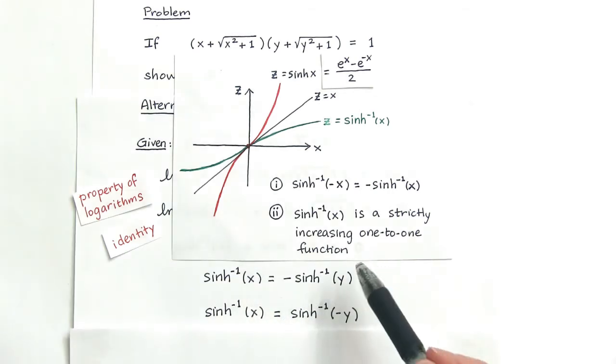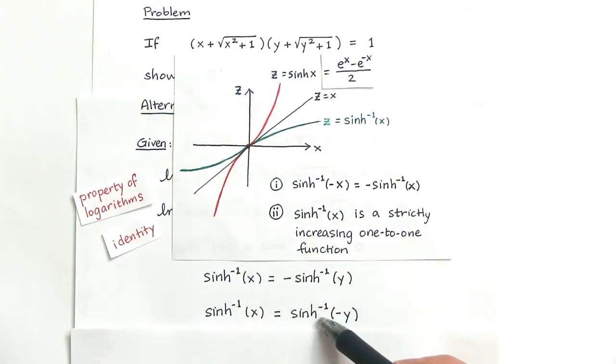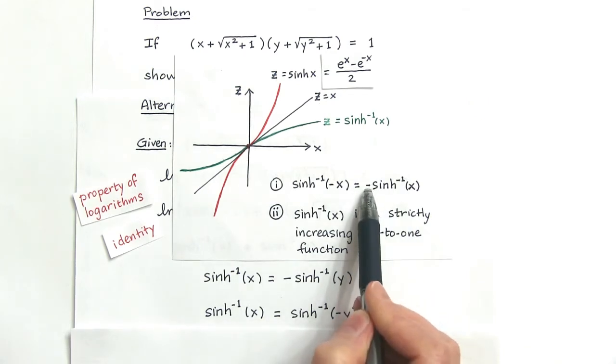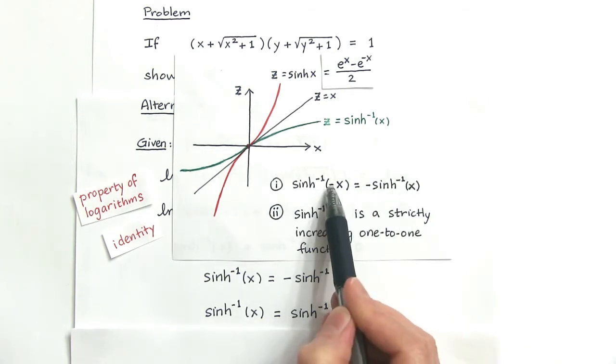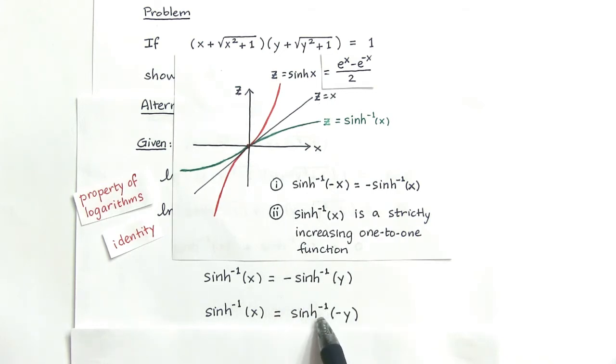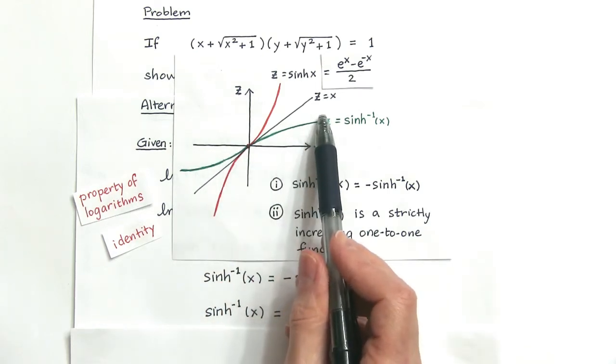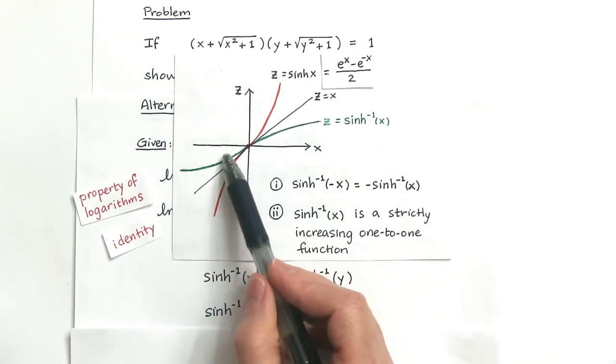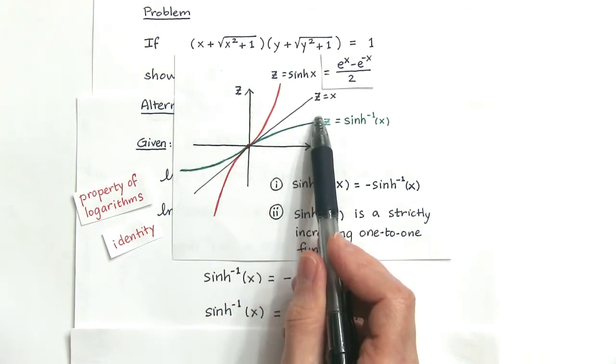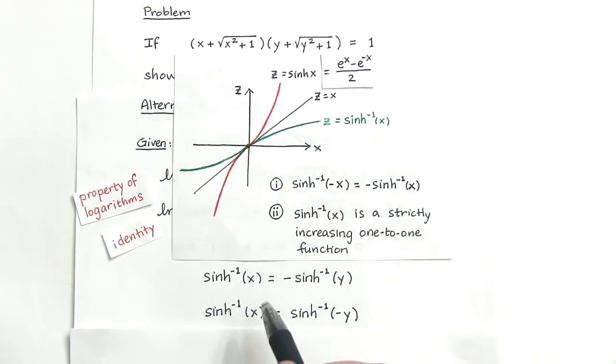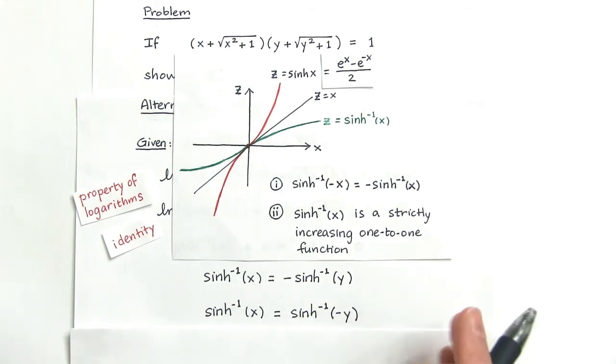Which is just the property that I used right here. I took the negative sign and pulled it into the argument right here. Because the inverse hyperbolic sine is an odd function, I can do that. The next property I'm using about the inverse hyperbolic sine is that it is a strictly increasing function, so it's 1 to 1. And that means that whenever you plug in two different arguments, if you get the same quantity, those arguments must be the same.